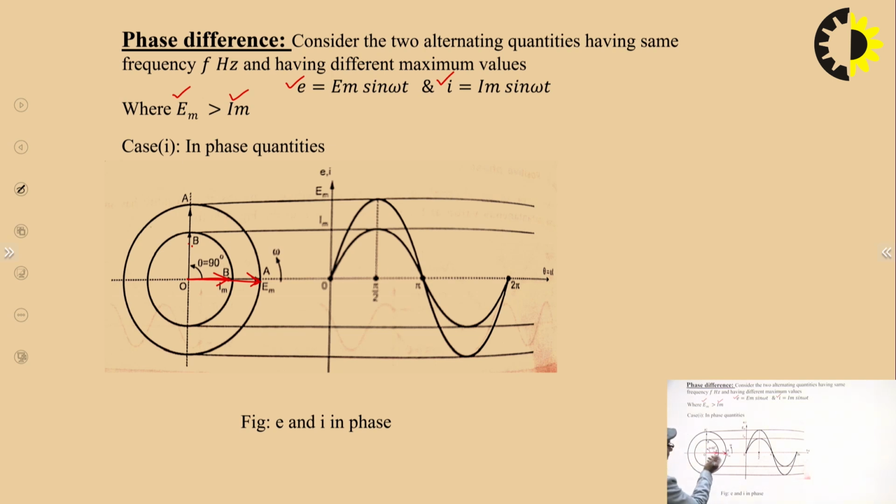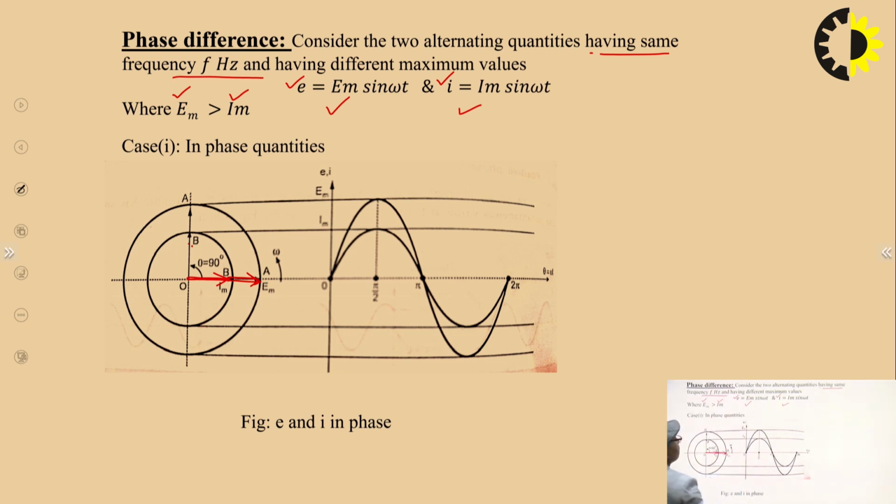So this voltage and this current, this AC quantity and this AC quantity, are said to be in phase because they are aligned on the same axis, and they will always be aligned while they are moving because they have the same frequency, because we are considering two alternating quantities having the same frequency.